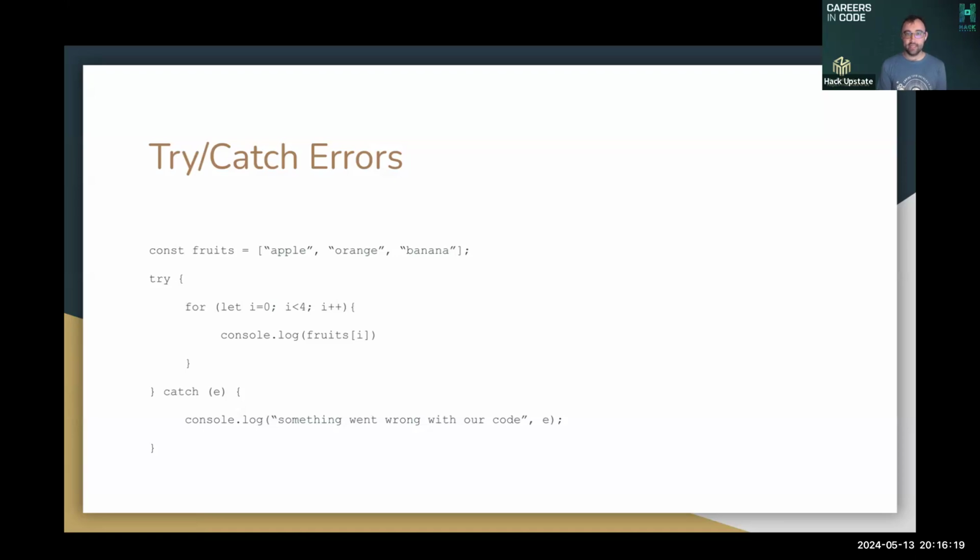We're trying to do this thing, and we want to tell the computer, hey, this may error out, but if it errors out, we don't want you to throw up your hands, throw an error, and call it a day. We may be able to predict that that error is going to happen. And so when that error gets thrown based off of whatever code is in between the curly braces of the try, we are going to catch that error and do something between these two curly braces if something goes wrong.